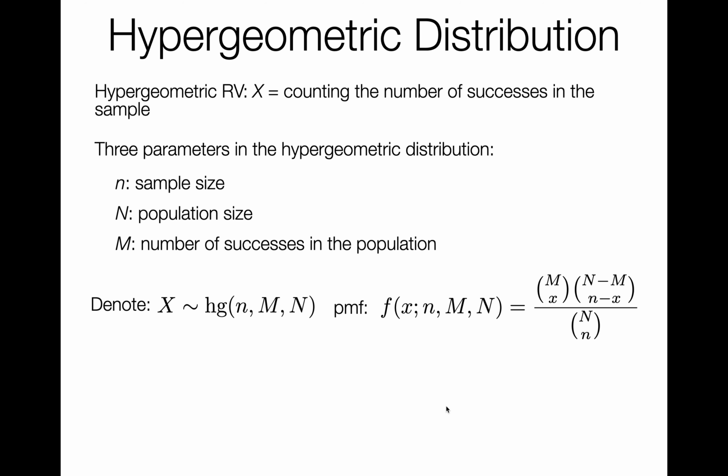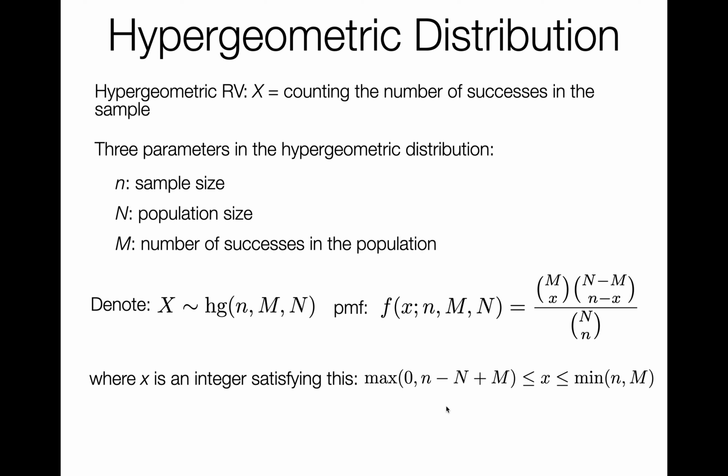Over that, the sample and population sizes: how many ways are there to choose a sample of size little n from a population of size capital N? If none of that made sense, it's totally fine. There's a formula we can use.